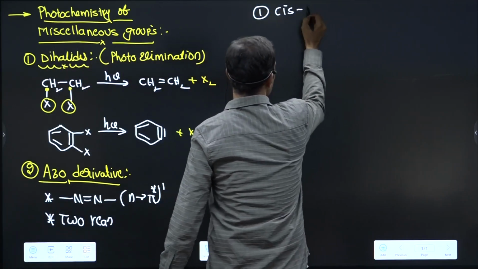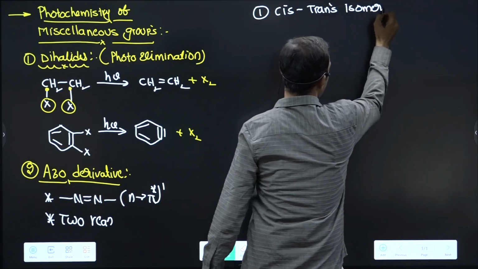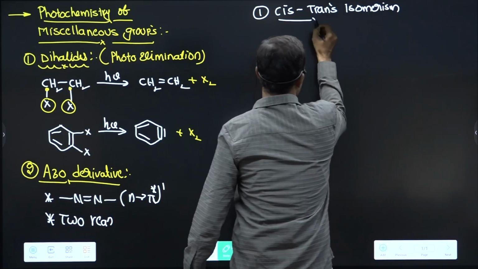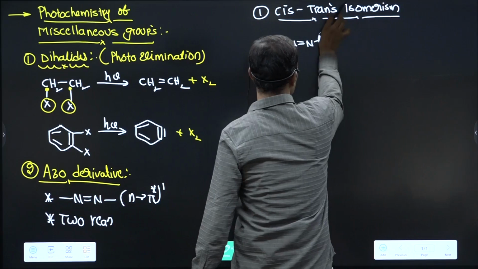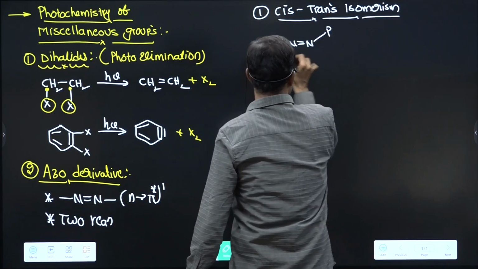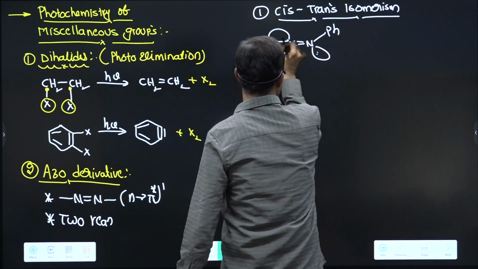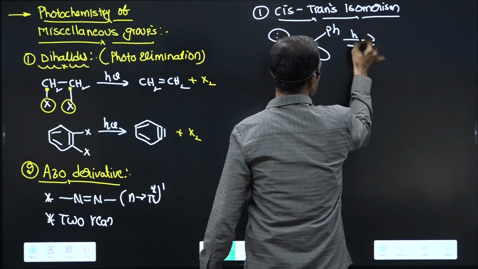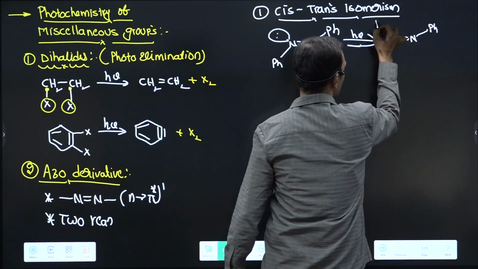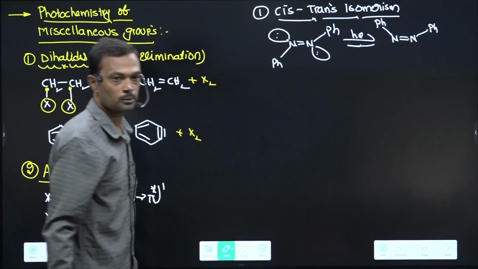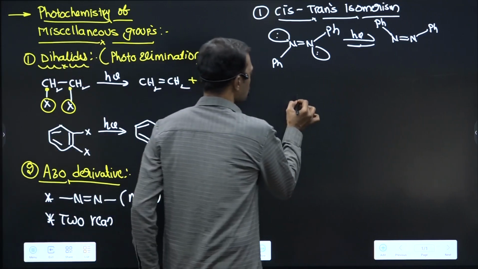First one, cis-trans isomerism. Here if the nitrogen double bond is present, this is the trans isomer. Photochemically it is possible to give the cis isomer. Trans isomer can be converted to cis or cis to trans, both are possible. Photochemically we can convert cis to trans, trans to cis.